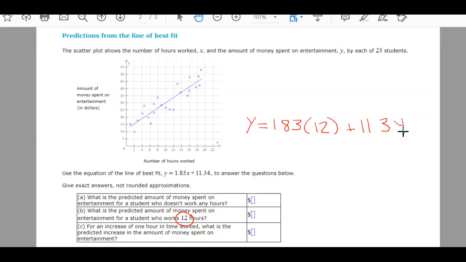Okay, so let's do 1.83 times 12, and that's going to give me 21.96. So we've got 21.96, and then we're going to go ahead and add in 11.34 to that.